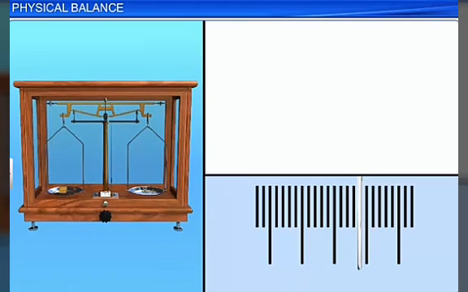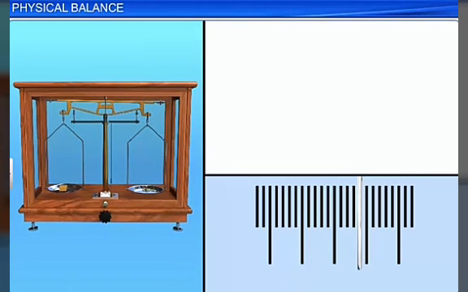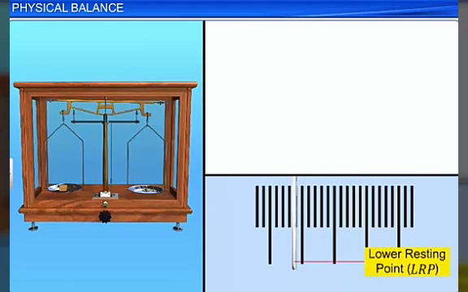If the resting point is less than the zero resting point, it is called a lower resting point or LRP. If the resting point is a lower resting point, then remove 10 milligrams in succession until you get a higher resting point.